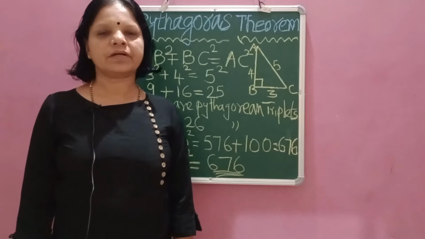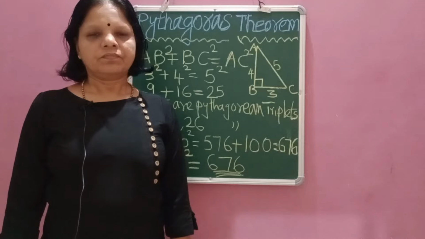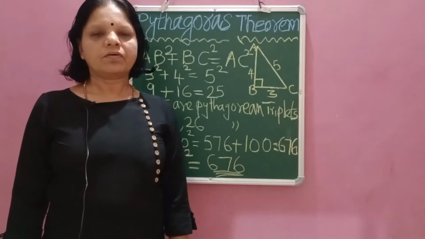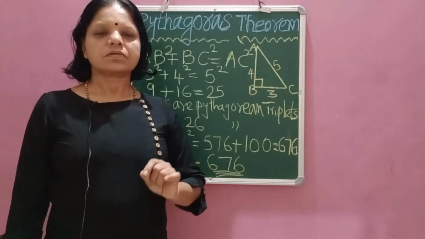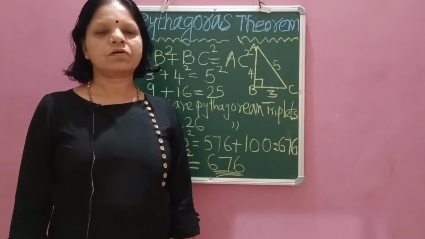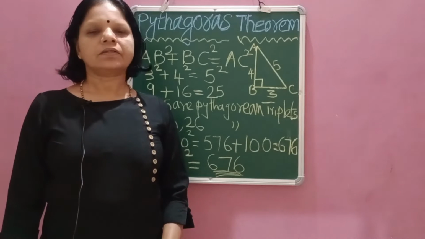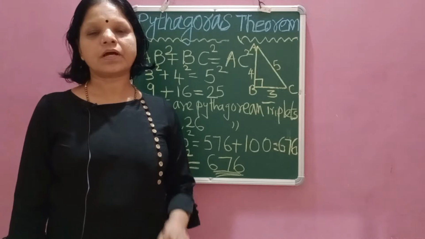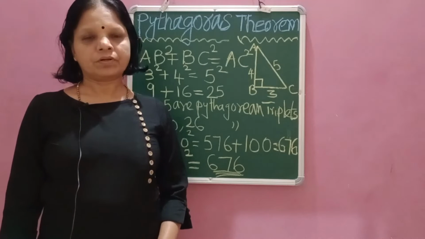You know what is a right angled triangle? When one of the angles of a triangle is 90 degree, then the triangle is called right angled triangle. And the side opposite to 90 degree is called hypotenuse.